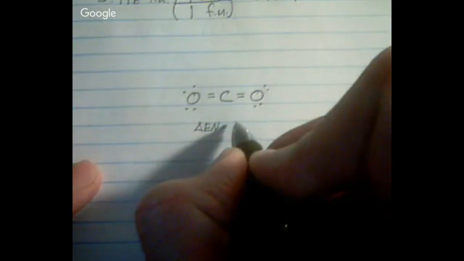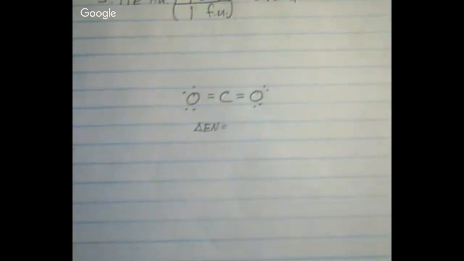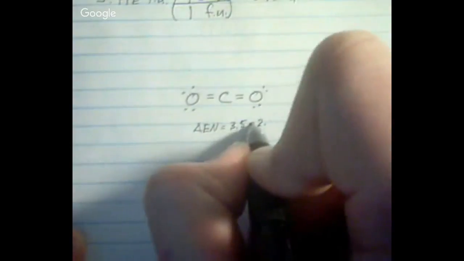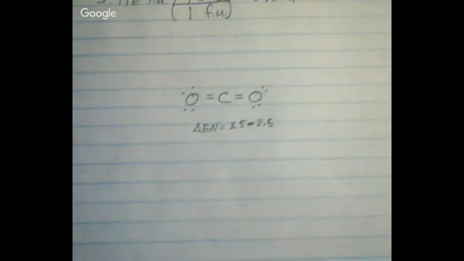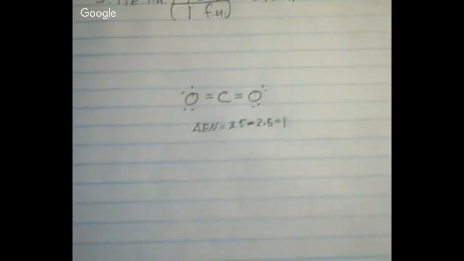Oxygen is 3.5, which is going to be the higher one, and carbon should be 2.5. So the difference in electronegativity here is 1, fitting into the polar covalent category. So those are polar bonds.